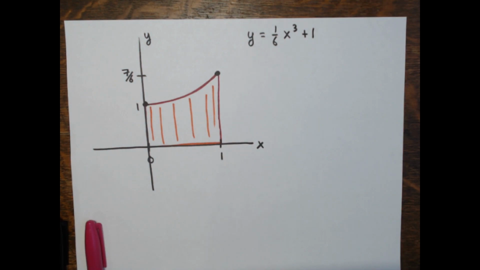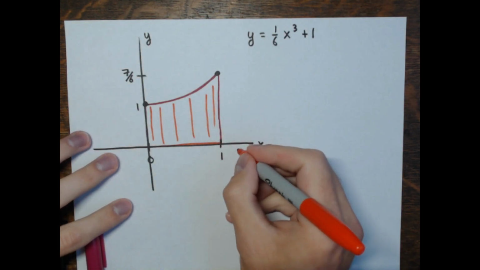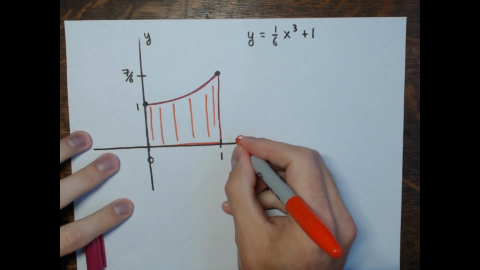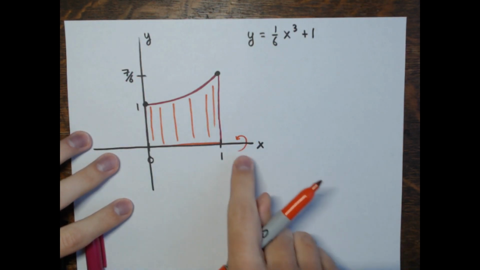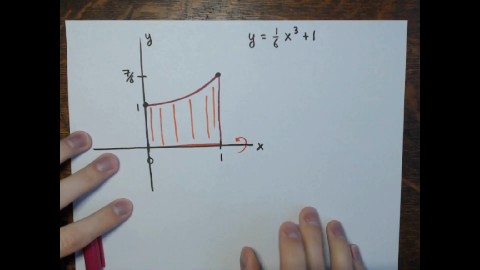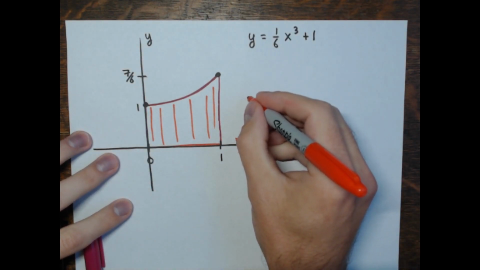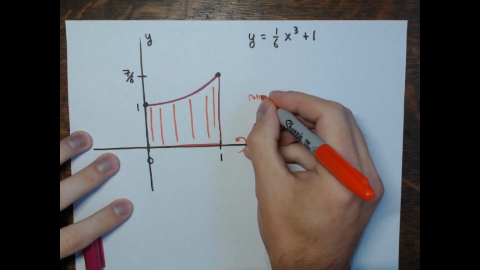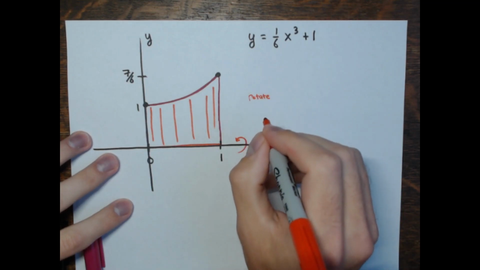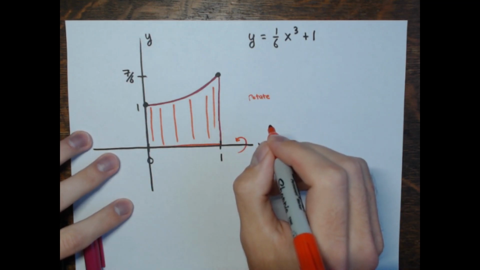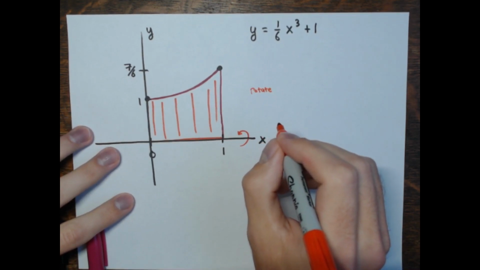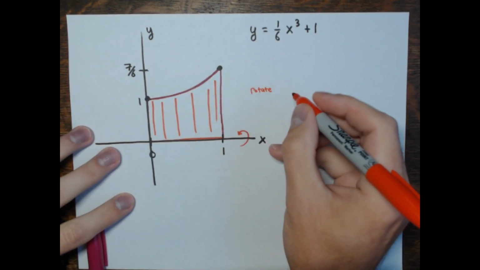Now, if I were to rotate this region around the x-axis, I'm going to put a little loop here. I'll try my best to draw a picture of this. I'm sure they'll have a graph of it when I see the answer explanation in Newton Alta here.